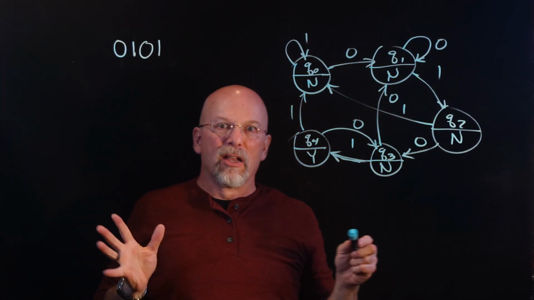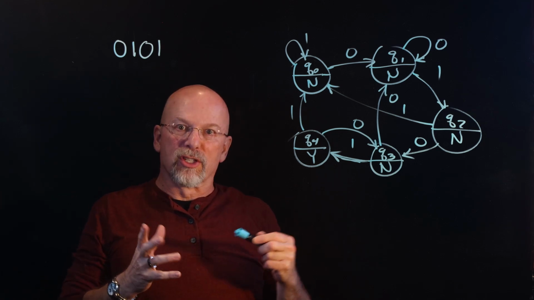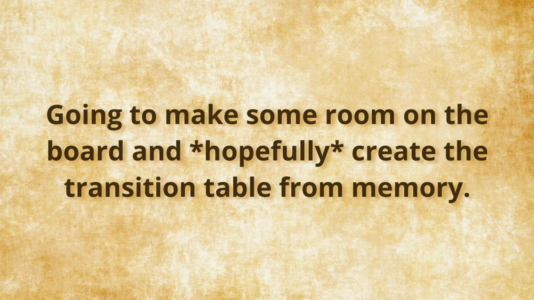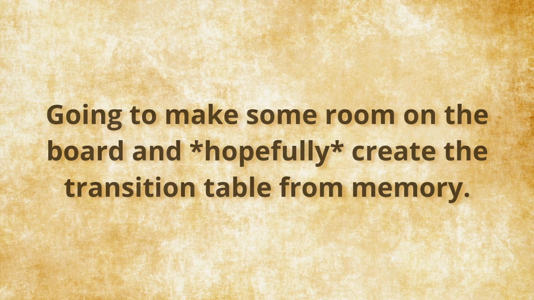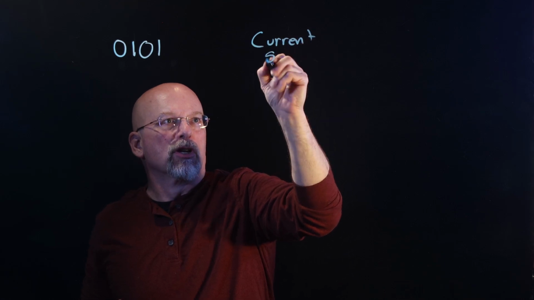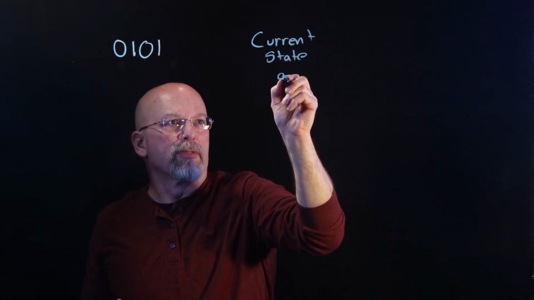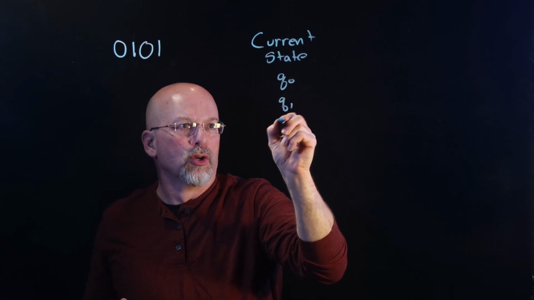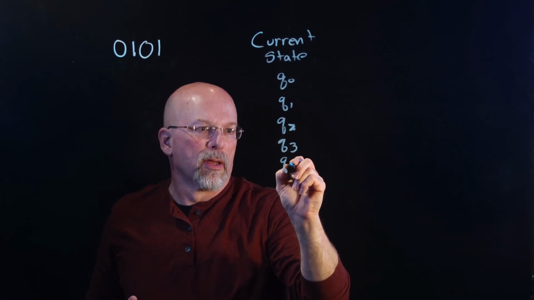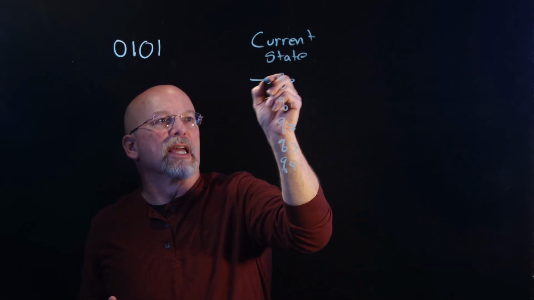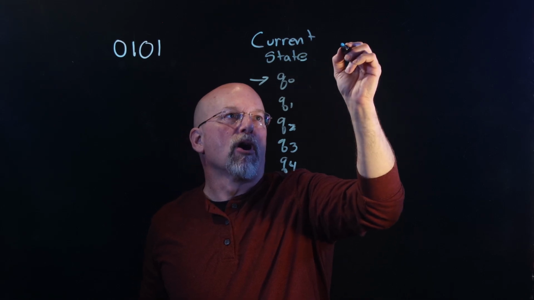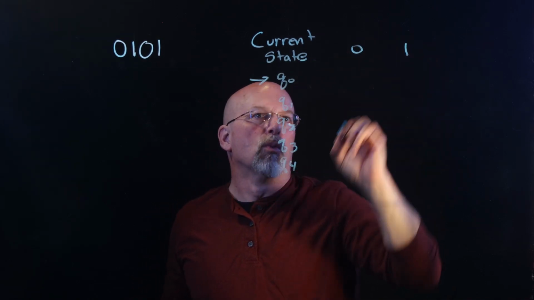All right. Now let's look at what the transition table looks like. For the Moore machine, the transition table is going to look like this. First of all, we have the 1, 2, 3, 4, 5 different states. Q0 is our initial state, and we have our input alphabet 0 and 1.